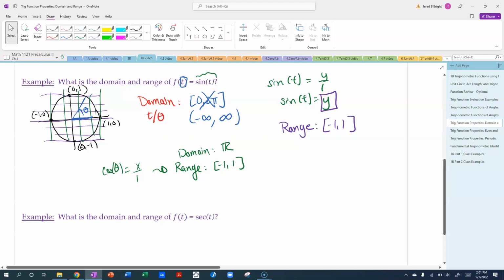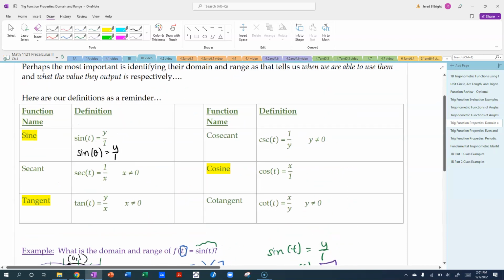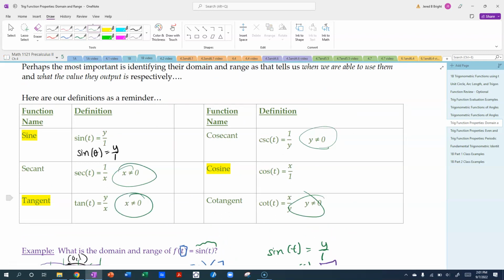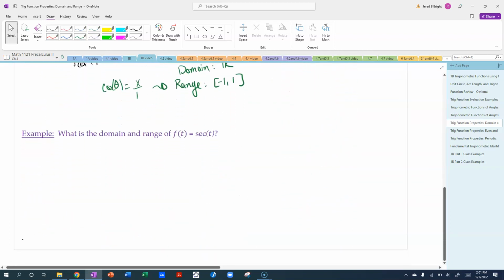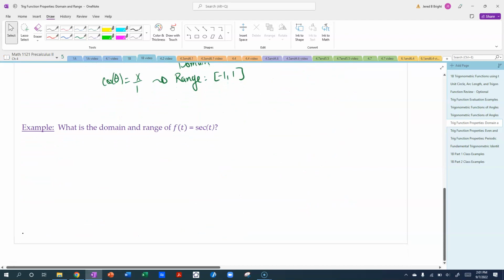Some interesting things happen with the other trig functions, right? We end up saying, we have kind of some restrictions on them, right? Because we end up dividing by 0, okay? So then we have to be a little bit more careful with other trig functions. Secant is one of which where we need to be a little bit more thoughtful, okay?